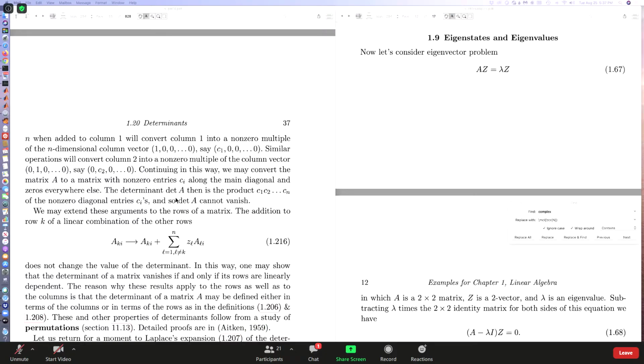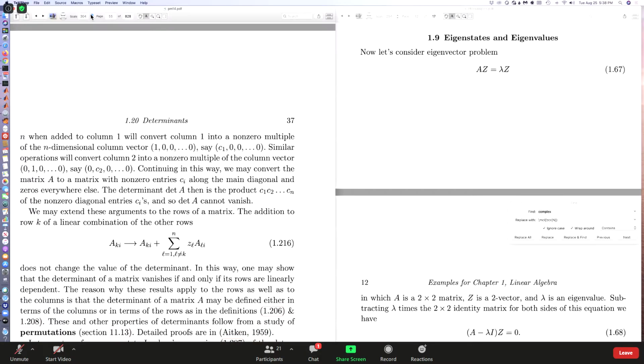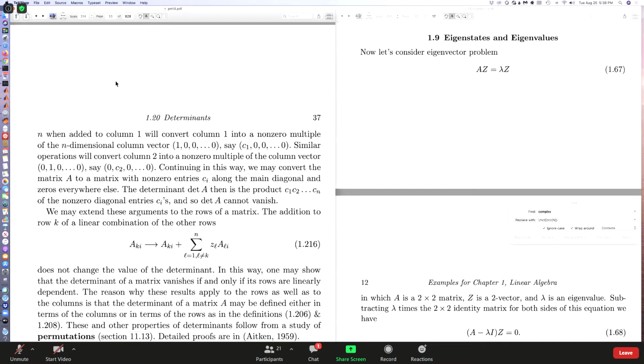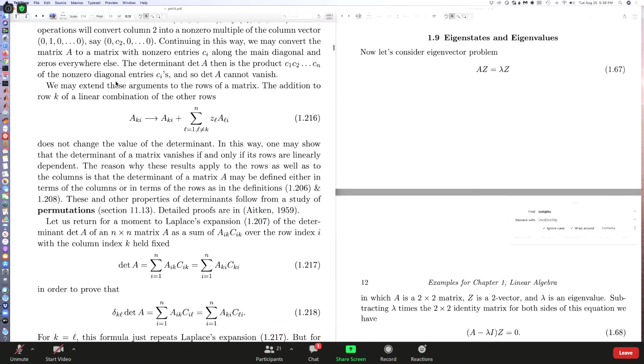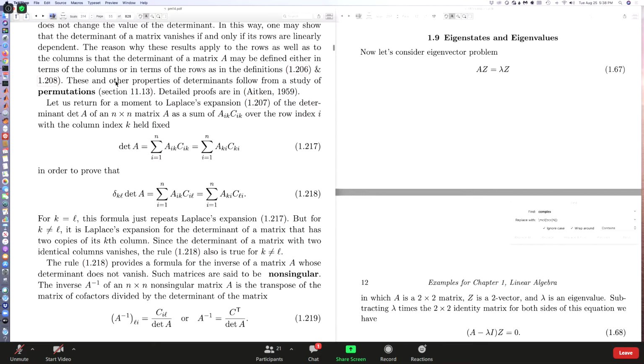And in this way, without changing the determinant, we can convert it to a diagonal matrix with numbers C1 through Cn on the main diagonal. And you can do the same thing with rows. So that's an important thing.